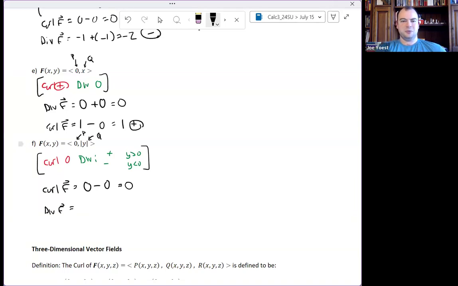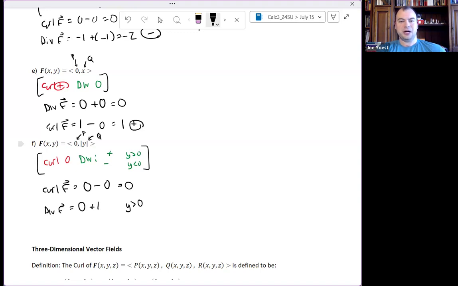The divergence of F, well, dP/dx is 0. But then what's the derivative of absolute y? Well, it's plus 1 when y is bigger than 0. When y is bigger than 0, absolute y is just y.